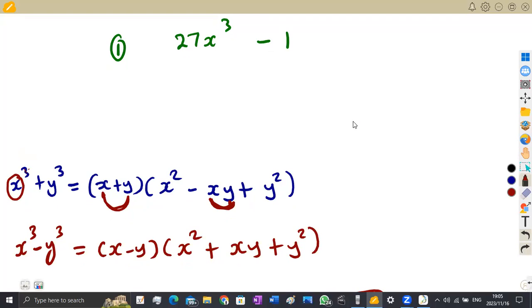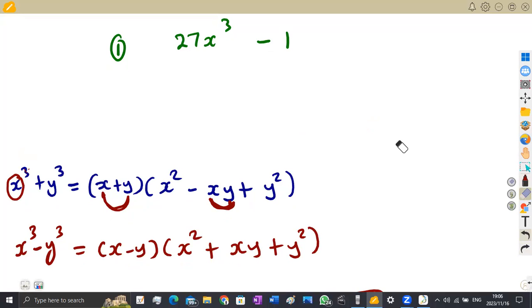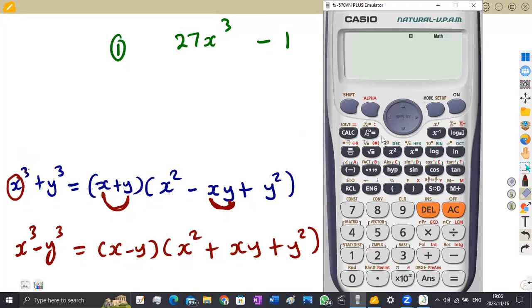So to test that a number can be raised to the exponent of 3 like this, you test by finding the cube root of that number. So you find the cube root of 27. If you obtain a whole number, it means this is a cube. If you obtain an integer, which can be positive or negative, we can determine the cube.